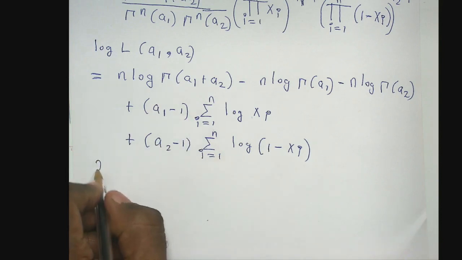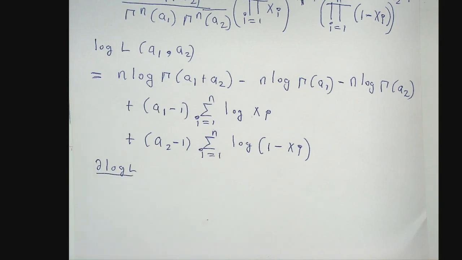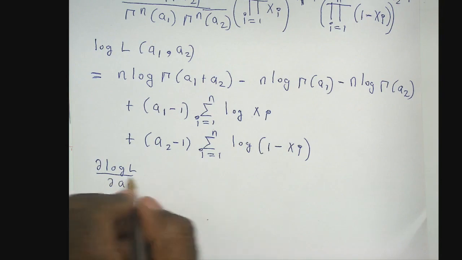The next thing is, because we have two parameters, we need to find the partial derivatives. First with respect to a1.